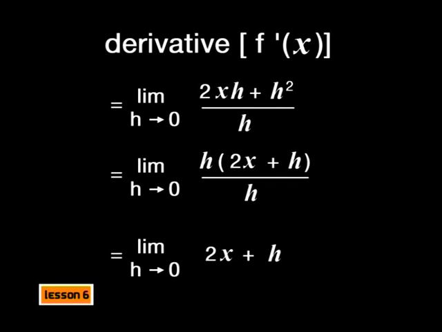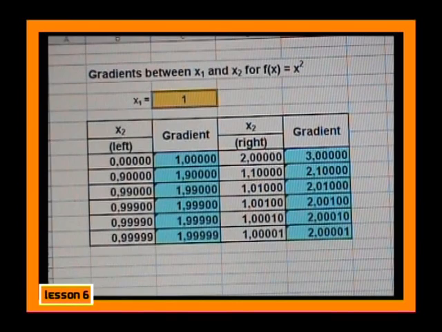Okay, so now we have that f dashed of x equals the limit as h tends to 0 of 2x plus h. Right, and before I write more, can you remember what happened in those tables and on the computer as we brought the points closer and closer together? Yes, I can.